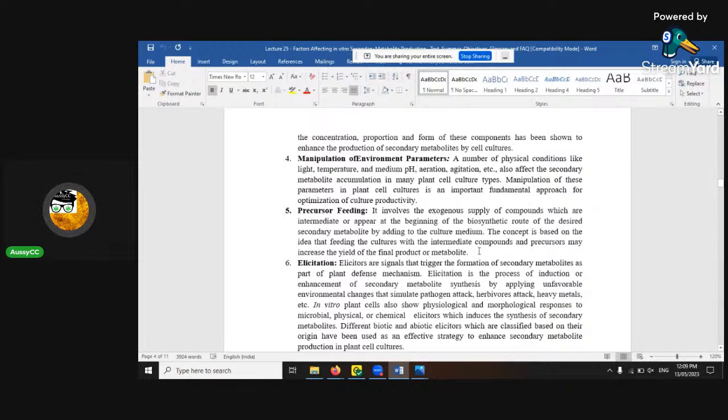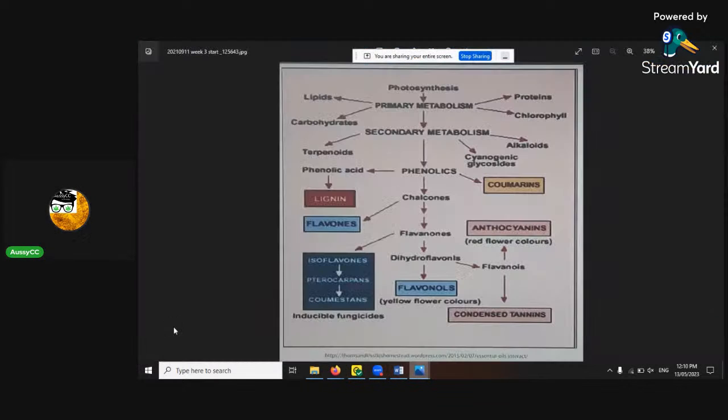What that means is, right at the end of the pathway, I'll just use this as an example, you'd go and add some dihydroflavins, and then the plant will recognize that, and it's only got to do one step to get the end result. That's the precursor. It's the pre bit before it. I hope that explained well enough.